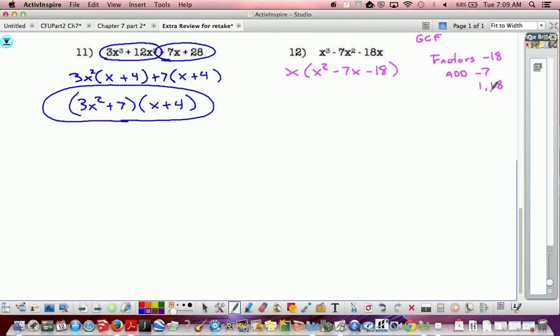So I'm looking at 1, 18, 2, 9, 3, 6. Well, the only 2 that differ by 7 is 2 and 9. So I get x minus 9, x plus 2. 9 has to be negative since it's a negative 7. It's negative 9 and 2 make negative 7.